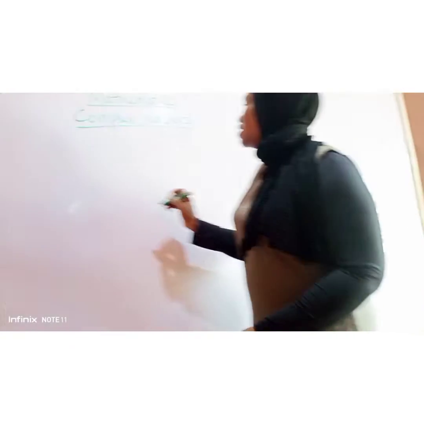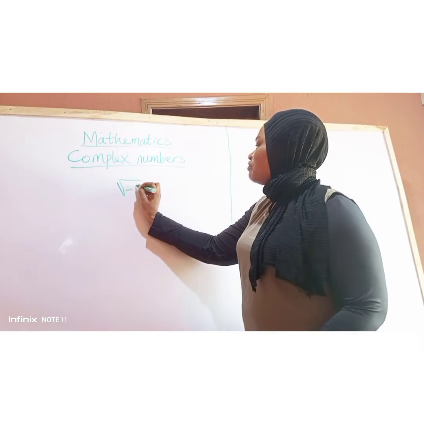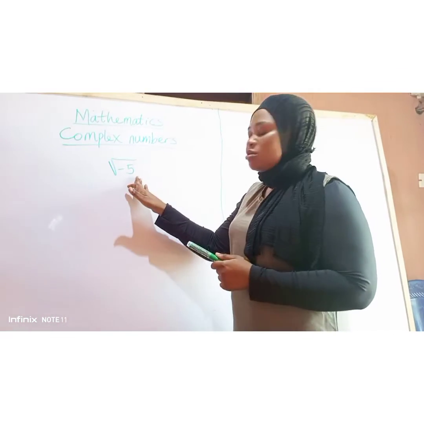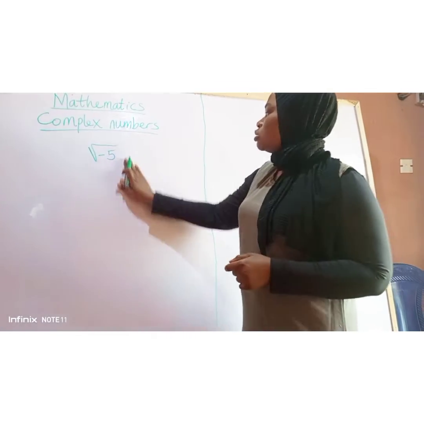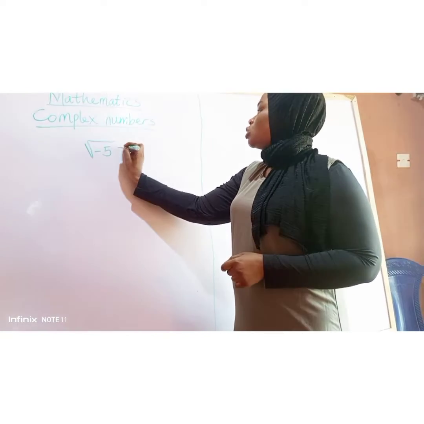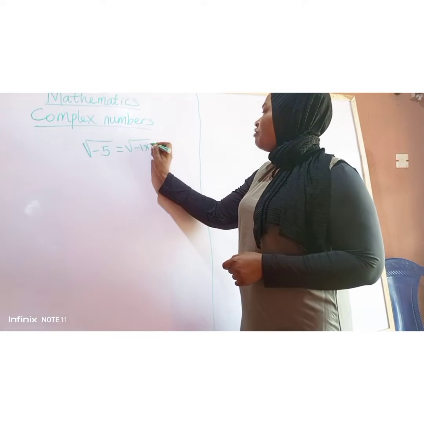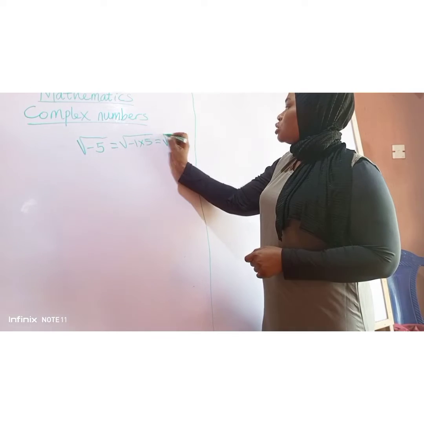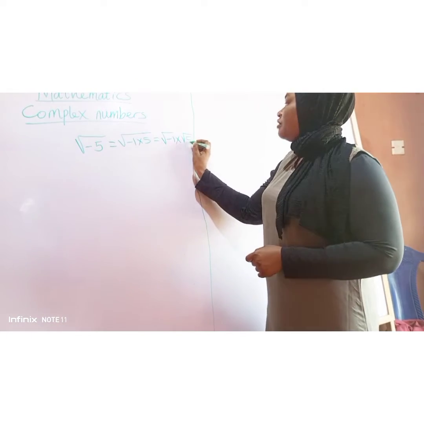What I'm trying to say is that if we have the square root of minus 5, and you press it in the calculator, there's no solution for it. According to the law of surds, you can simplify this into the square root of minus 1 multiplied by 5, which is the same thing as the square root of minus 1 multiplied by the square root of 5.